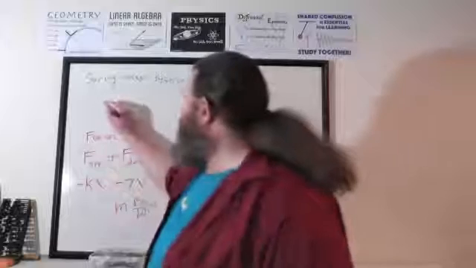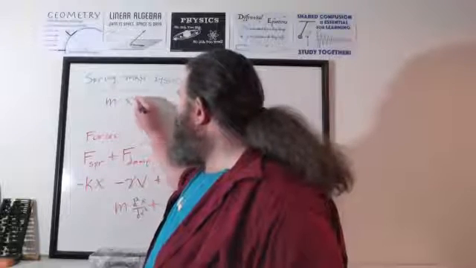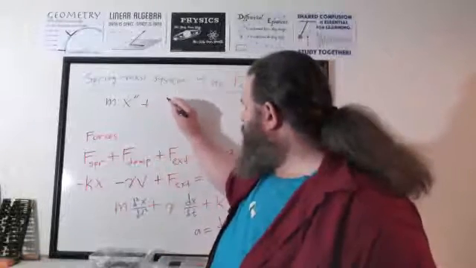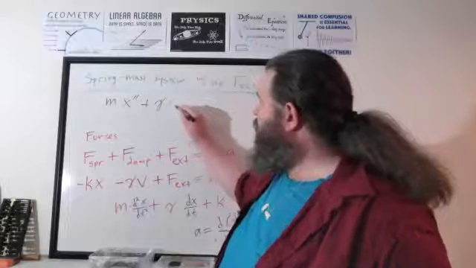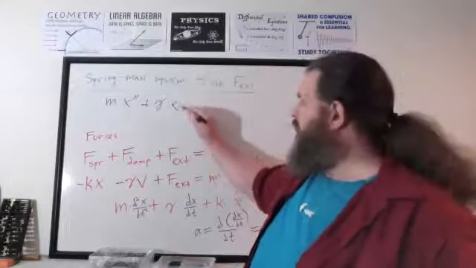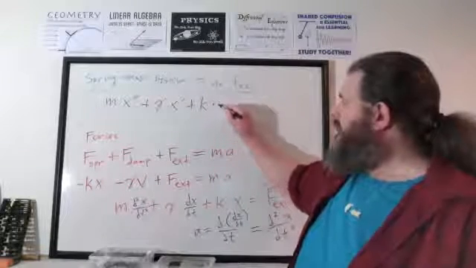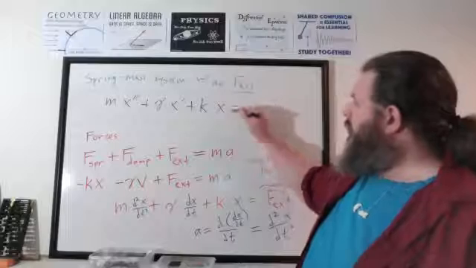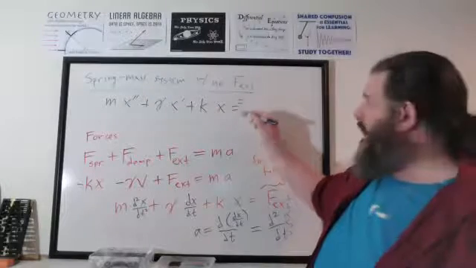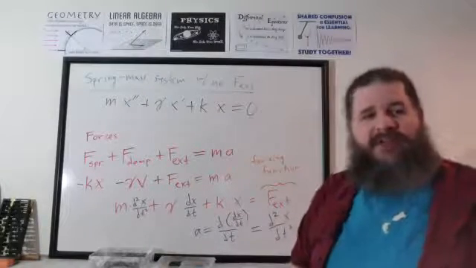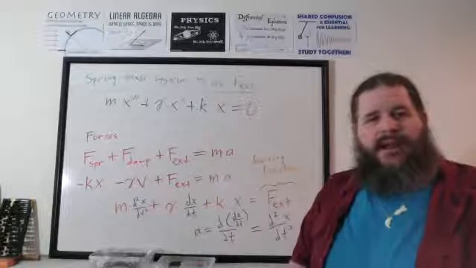That'll just look like mass times the second derivative plus gamma, the damping coefficient, times the first derivative, plus k, the spring constant, times the function itself, the position. And if there's no external force, those are just going to add up to 0, so we get a homogeneous differential equation. And how would we solve that?